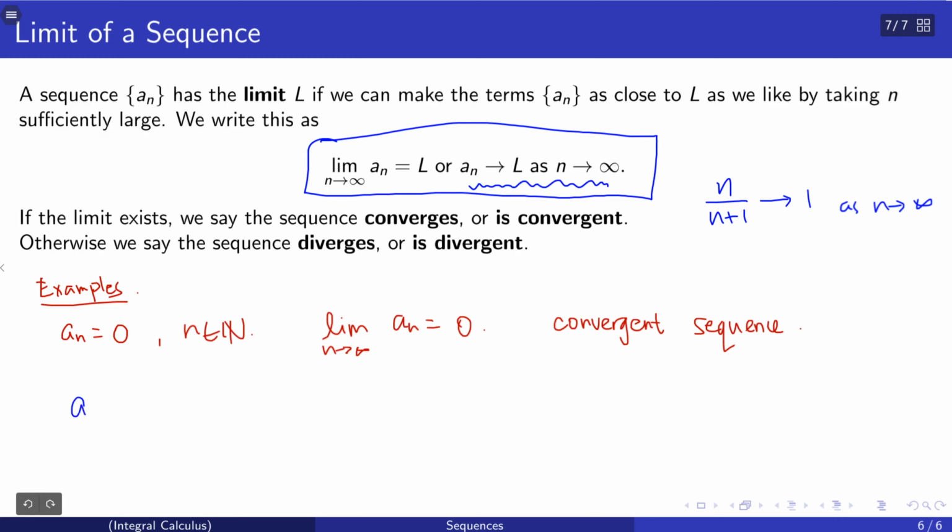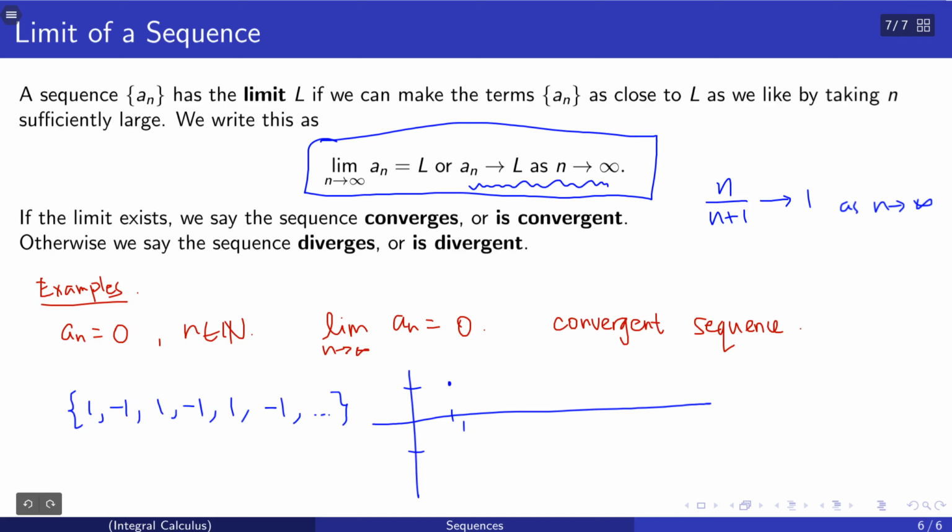But how about this sequence? 1, minus 1, 1, minus 1, 1, minus 1, and so on. You can draw the graph here. When n is 1, it's 1. When n is 2, it's minus 1. And it alternates.